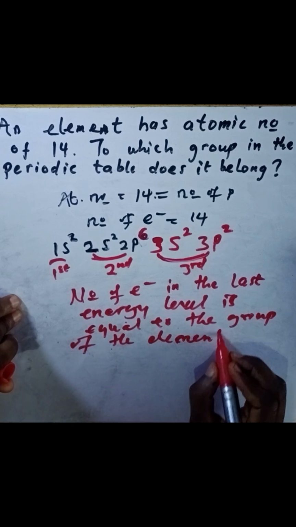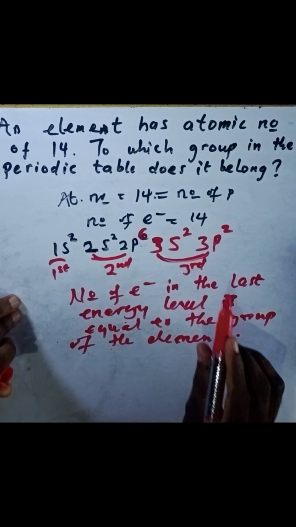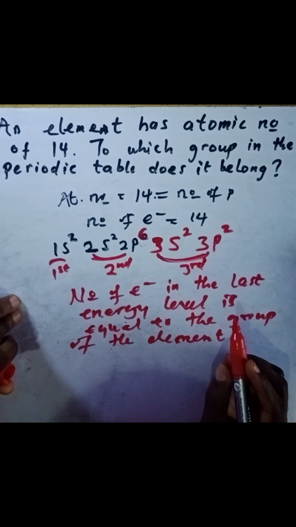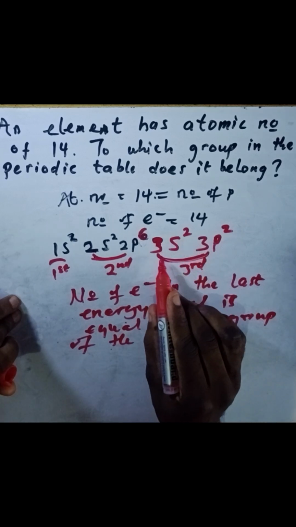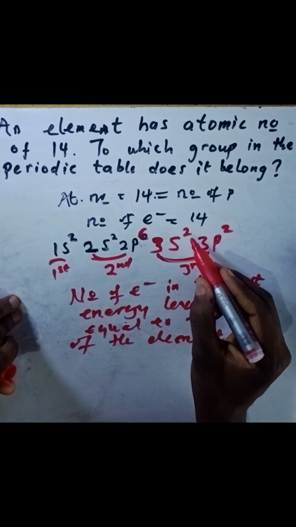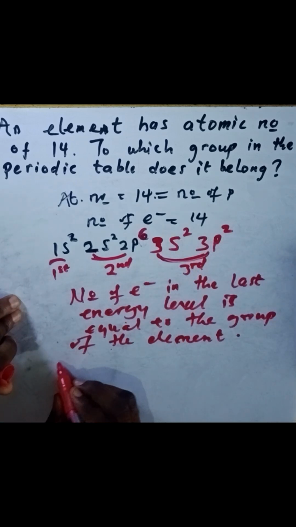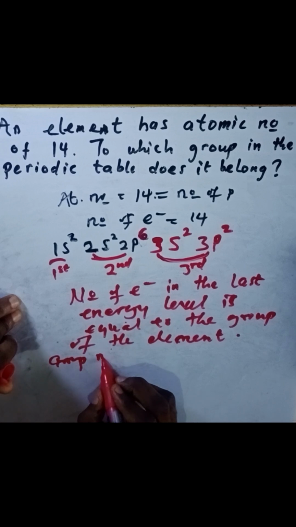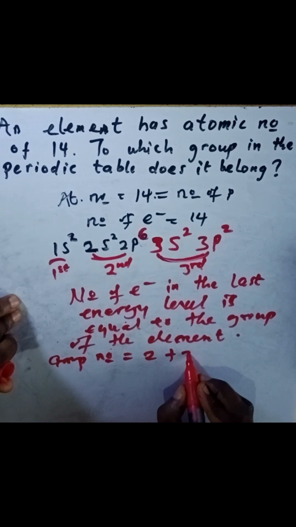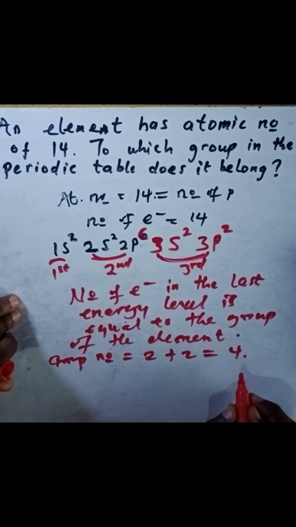Please take note of this. In this last energy level, how many electrons are there overall? We have 3s2 here and 3p2 here, which means 2 plus 2. So the group number of this particular element will be 2 plus 2, which is equal to 4.